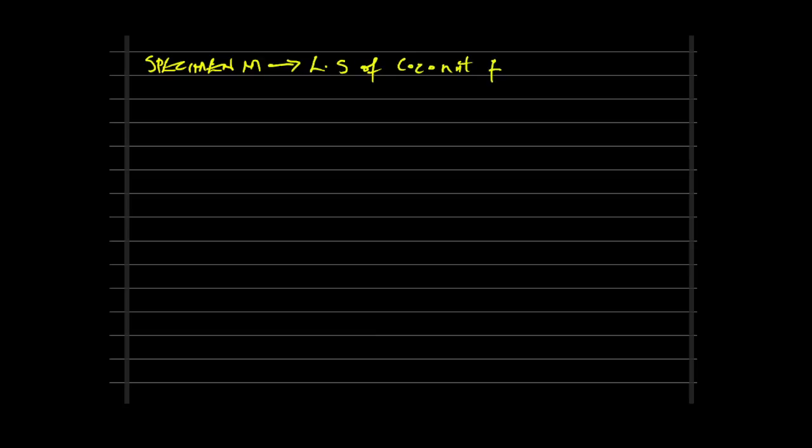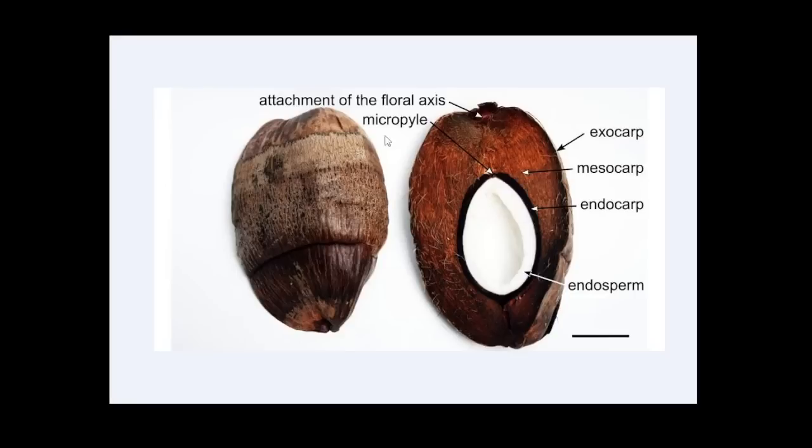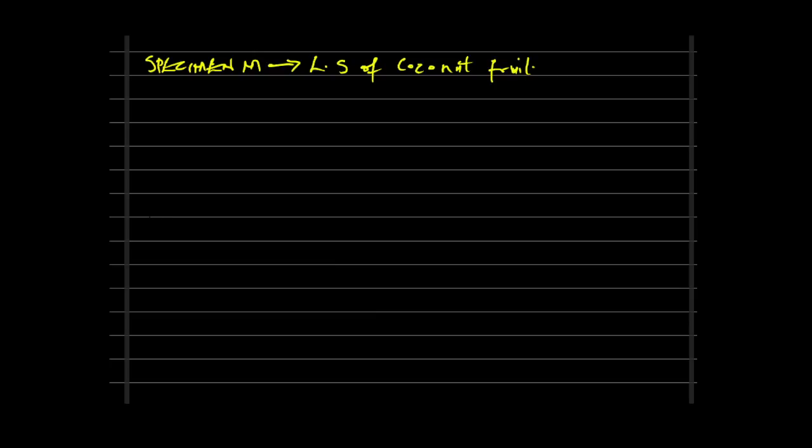This is how the longitudinal section looks when it is cut from top to bottom. So we have this as its labeling: the exocarp, the mesocarp, and the endocarp. Are we together? So we said that specimen M is a water dispersed fruit.